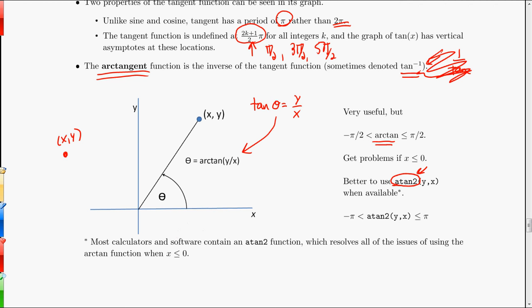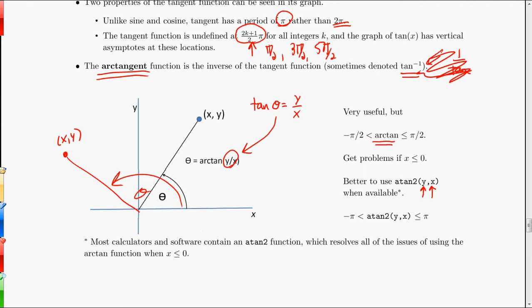These things are in your graphing calculators and in basically all mathematical software. Instead of putting in the ratio, a single number, you get to put in the value of y and the value of x, and it will return an angle. The nice thing is that if this is your point, it will return this angle.